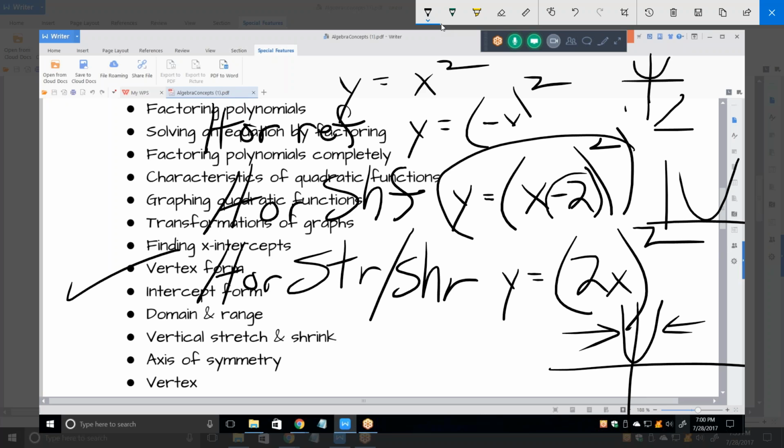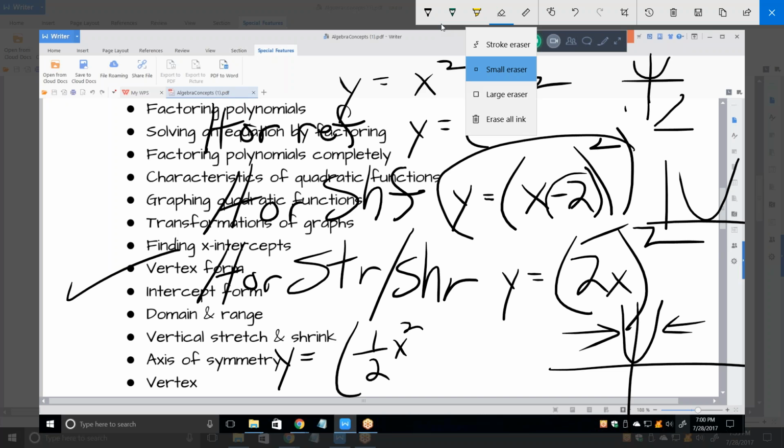I am shrinking it because this number is greater than 1. If I had y equals the quantity 1/2 x squared, I need parentheses around that.